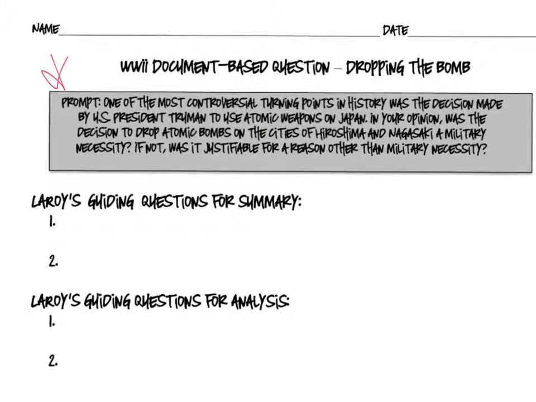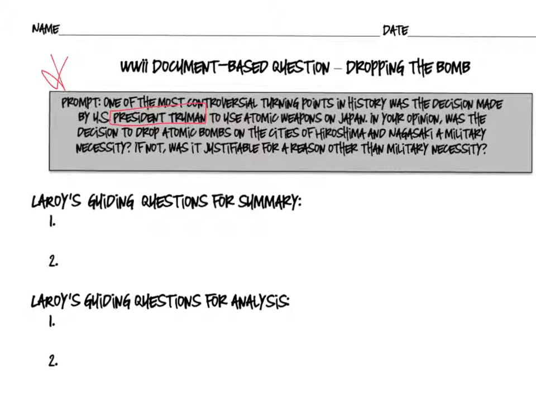One of the most controversial turning points in history was the decision made by President Truman, which we just learned about, to use atomic weapons on Japan. We also have some background knowledge. We know why he used the weapon. We also know what happens when he uses them.